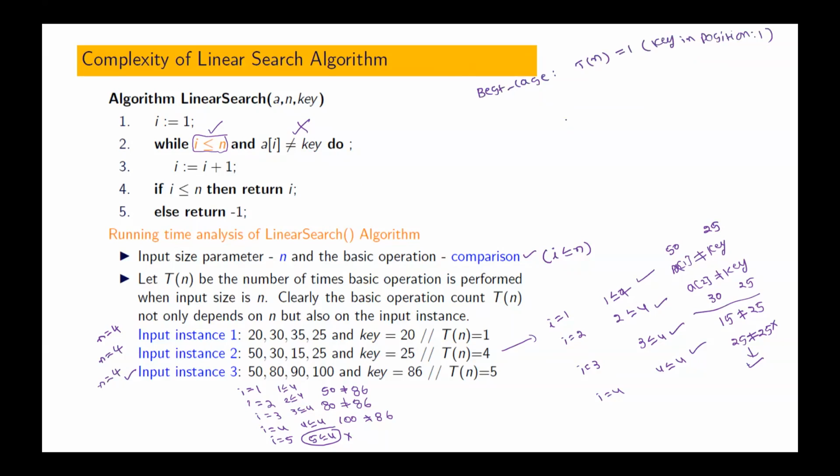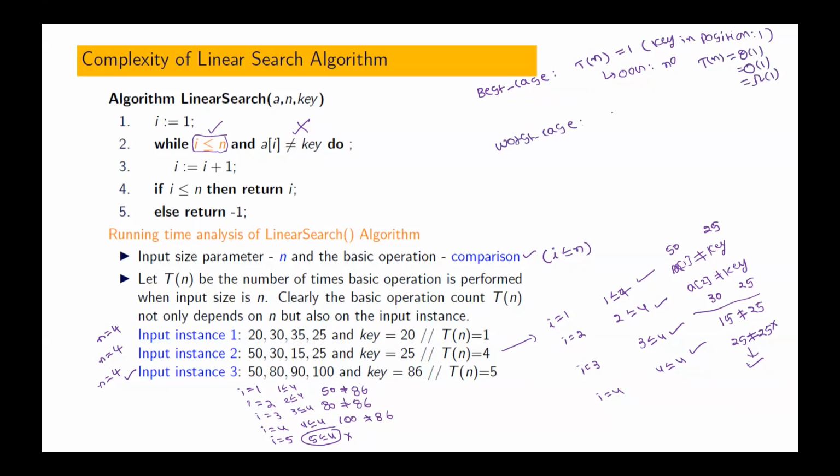So the order of growth is n power 0. So T of n can be represented as theta of 1 or big O of 1, big omega of 1. All are correct.